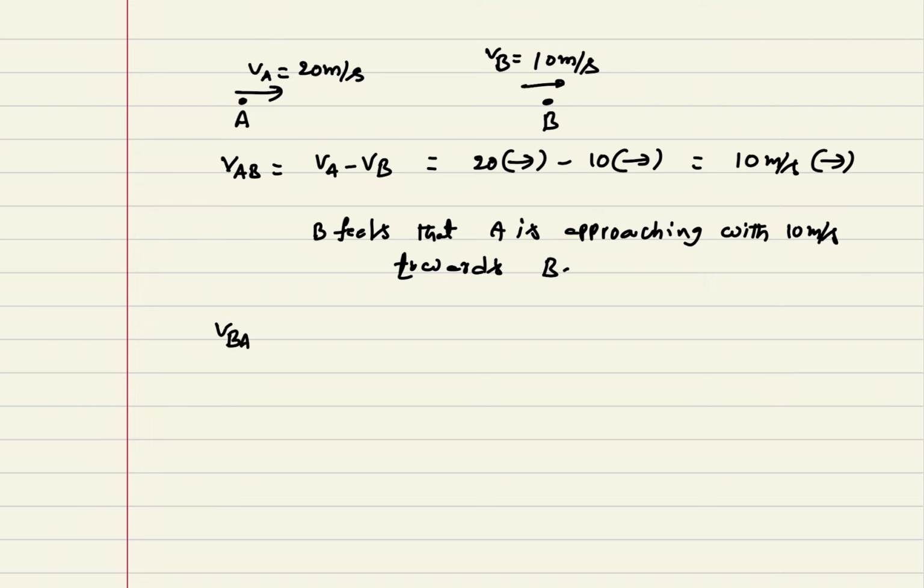In the same manner, if you want to calculate velocity of B with respect to A, velocity of B minus velocity of A. Velocity of B is 10 meter per second, right side, minus velocity of A is 20 meter per second, right side. I get 10 minus 20, which I can write as minus 10 meter per second, right side.